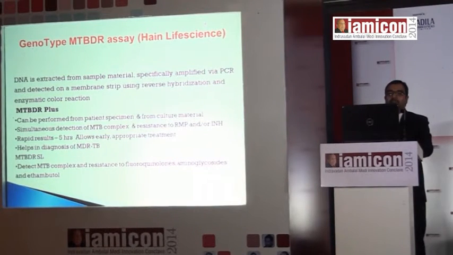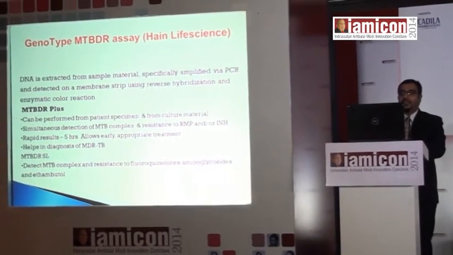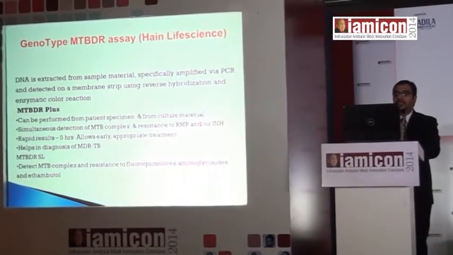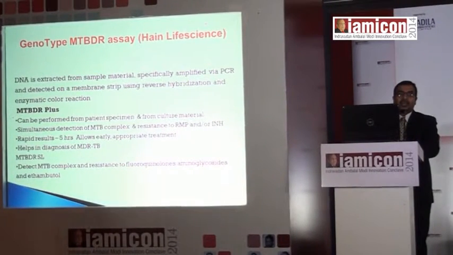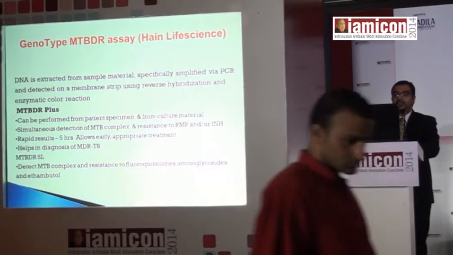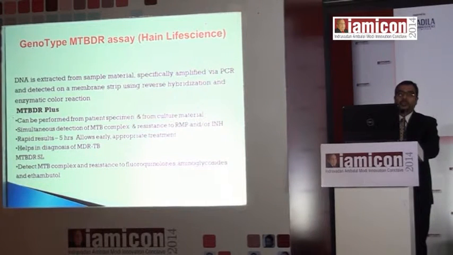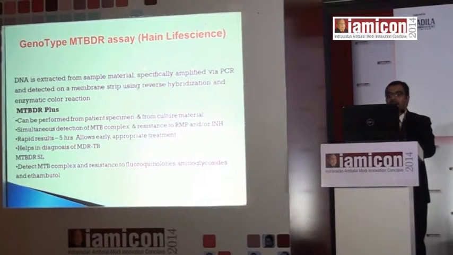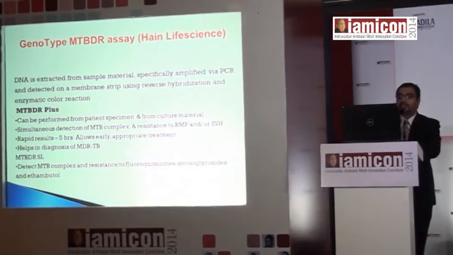Then the Hain method, or GenoType MTBDR assay. Here the principle is that DNA is extracted from the sample material, which can be sputum or from the culture, and it is detected after reverse hybridization and enzymatic color reaction on the DNA strip.